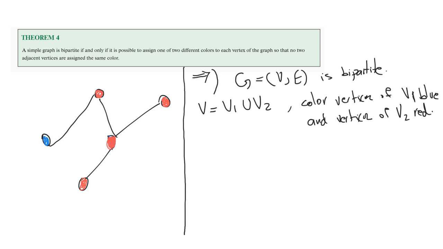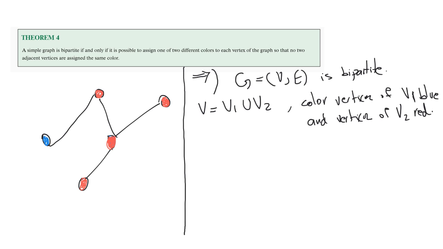Then it is just the definition of bipartite graph that all of the edges go from V1 to V2, and therefore all of the edges have to have two different colors. Therefore, we have a valid coloring of the graph.